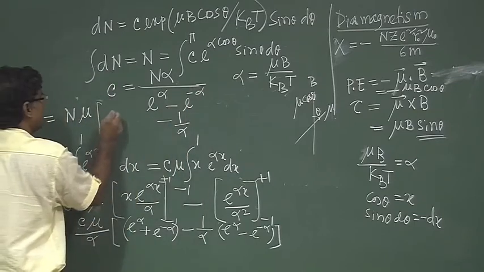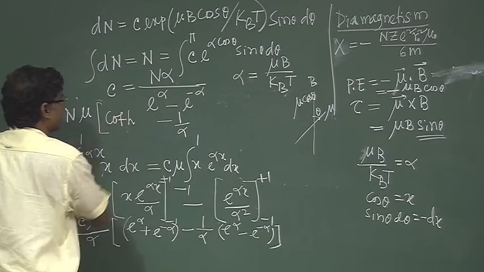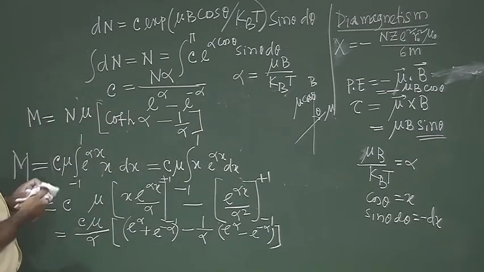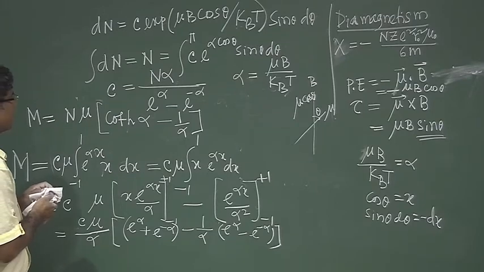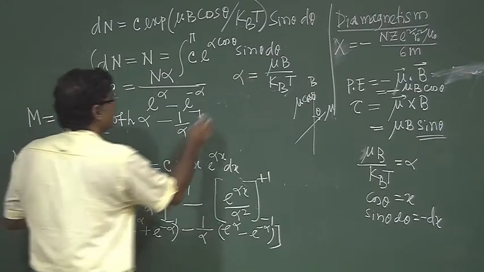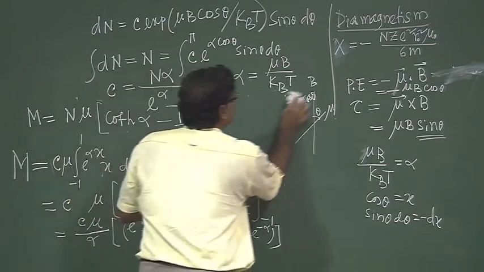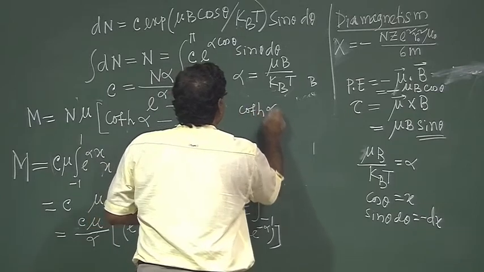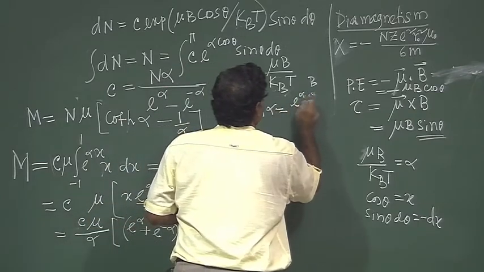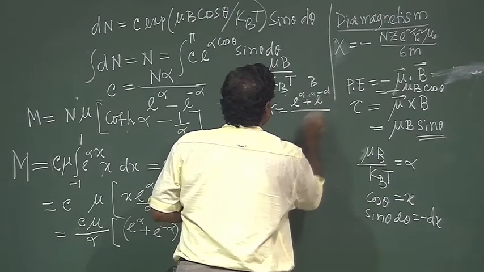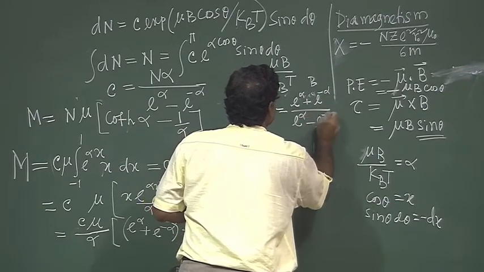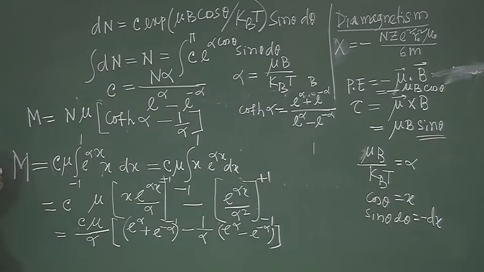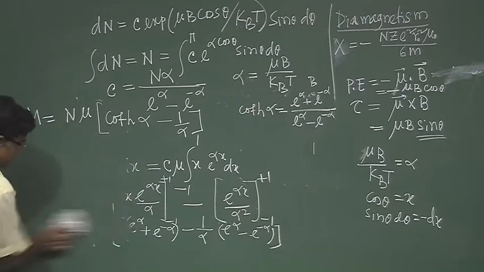So, this is nothing but coth alpha, the hyperbolic cotangent, where coth alpha equals e to the power alpha plus e to the power minus alpha divided by e to the power alpha minus e to the power minus alpha.